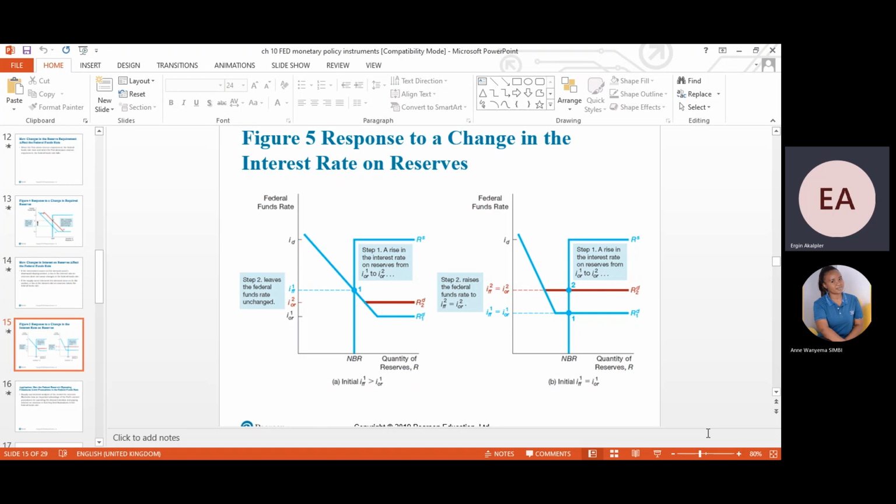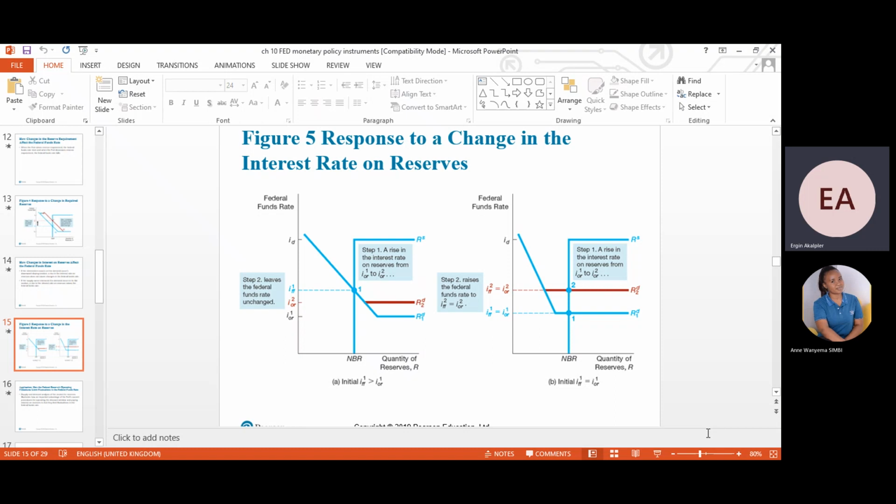Here, as you are observing on the right side, the initial federal fund rate is supposed to become a little bit larger than the interest rate on reserves. And on the right side, it has become equal. And on the graph, we are seeing a rise in the interest rate on reserves from I1 to I2.